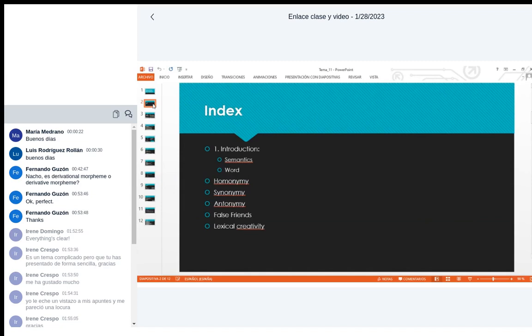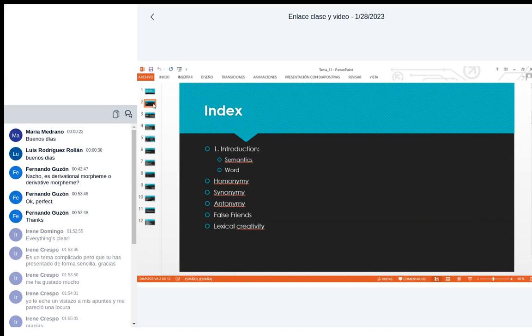And then we would keep on by looking at the different concepts such as homonymy and the two concepts that are explained within homonymy, regarding, for example, polysemy, then synonymy and the language economy rule, antonymy and the gradation that exists within antonymy, and the false friends that are very important in the teaching of a language, because we usually find that words are pronounced or sound similar to the words we have, and so the students get it wrong.